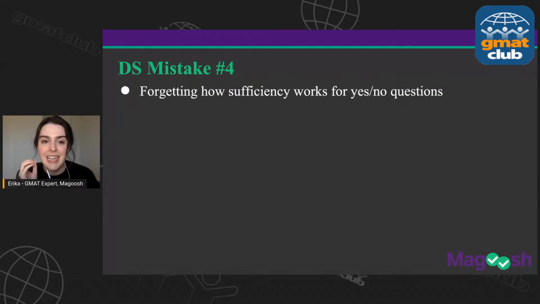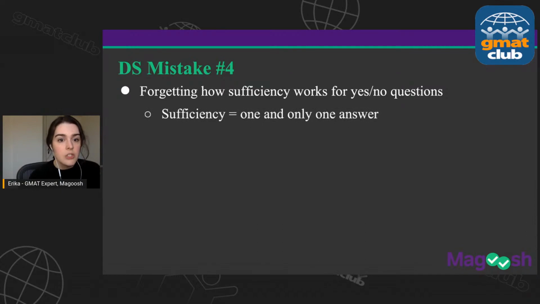The only way to get insufficiency for yes/no questions is to get both a yes and a no. And this is really tricky. So let's talk through a couple of cases where folks will often say something is insufficient when it actually is sufficient. So, reminder, sufficiency is one and only one answer.